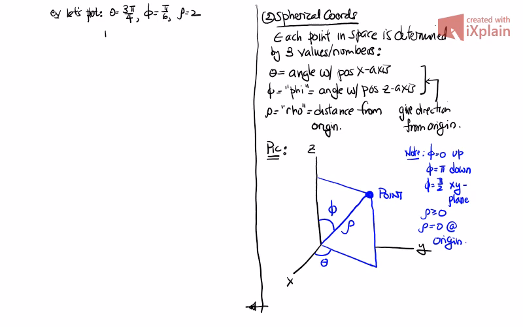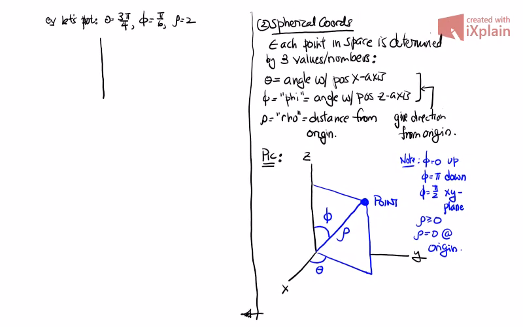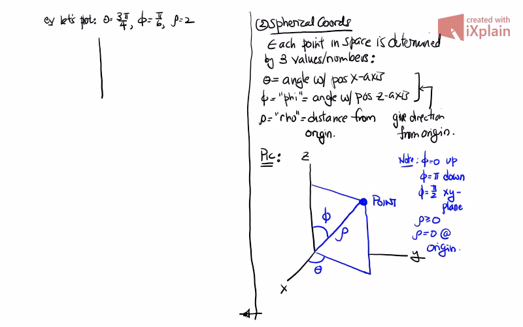So if we go into three-dimensional space, try and draw this as nice as possible. Theta, 3 pi over 4, takes us around here to right there.